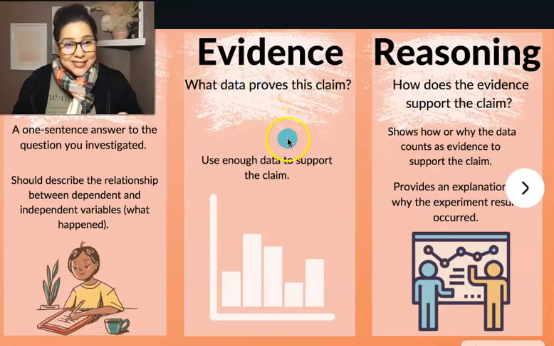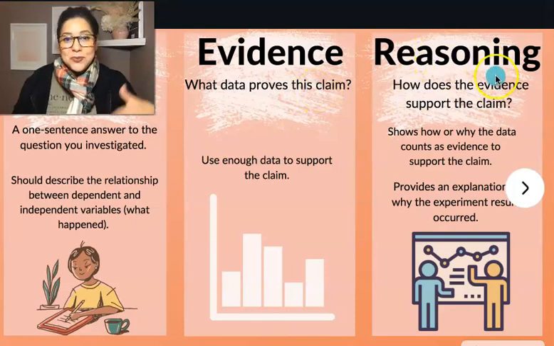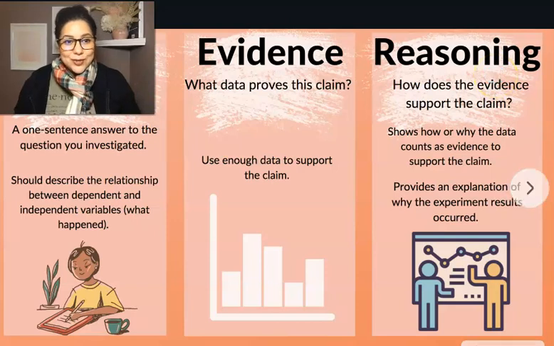And the more evidence, the better. Of course, you want to wrap that up with a reasoning. How does this evidence support the claim? And the reasoning shows how or why the data counts as evidence to support the claim, right? Also, it provides an explanation for why the experiment results occurred and so forth.